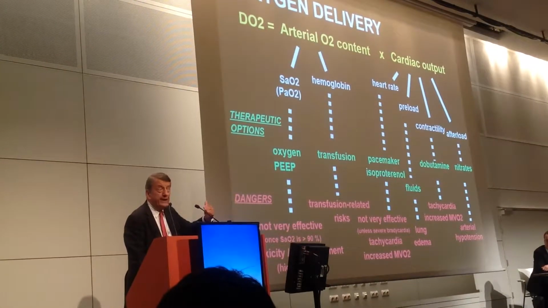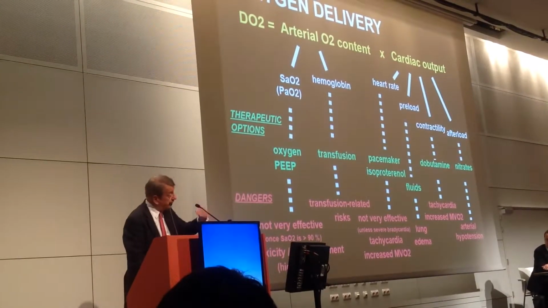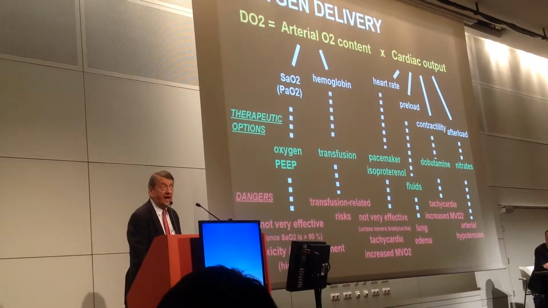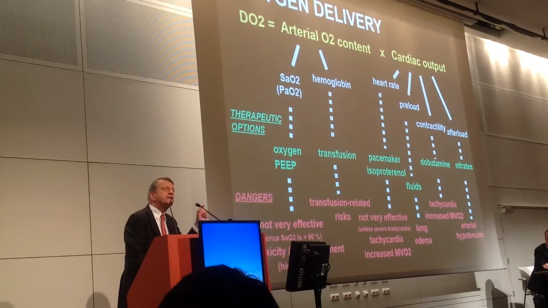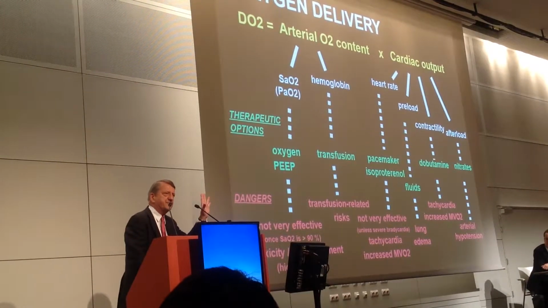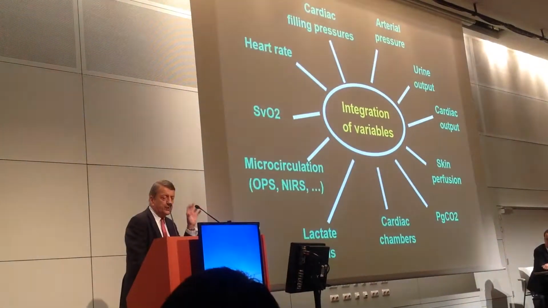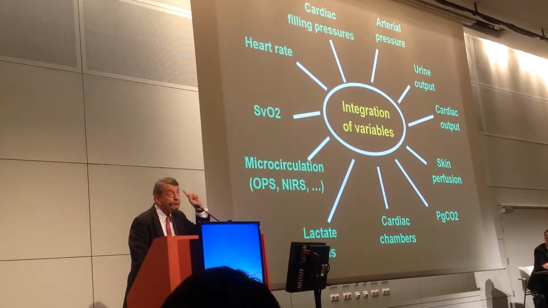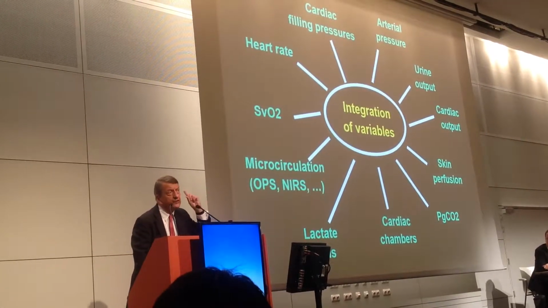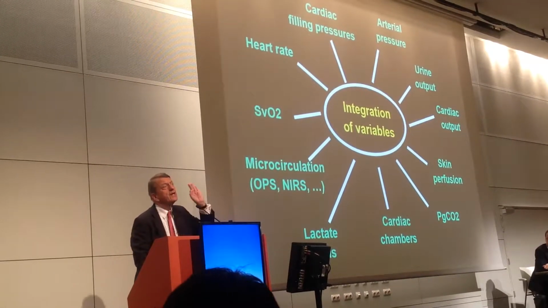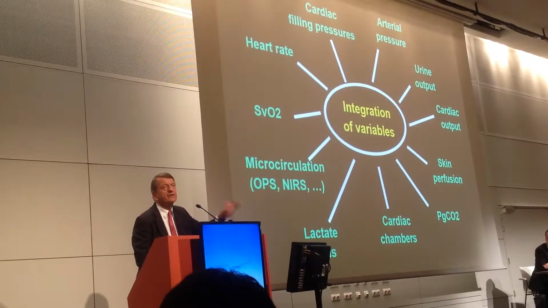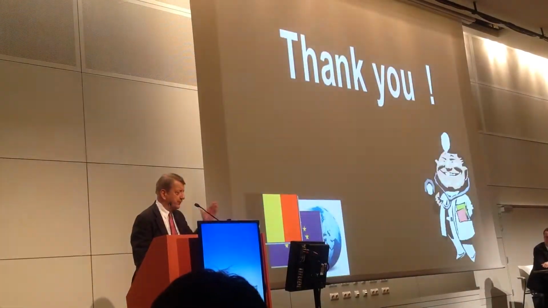Too many inotropic agents, not good. Too much vasodilation, no. Too much tachycardia, no. So, whenever we choose something, there is nothing entirely safe, even not oxygen. So we need to integrate variables and have the proper monitoring system. We need to monitor the individual patient to individualize our therapies. With this, thank you very much.